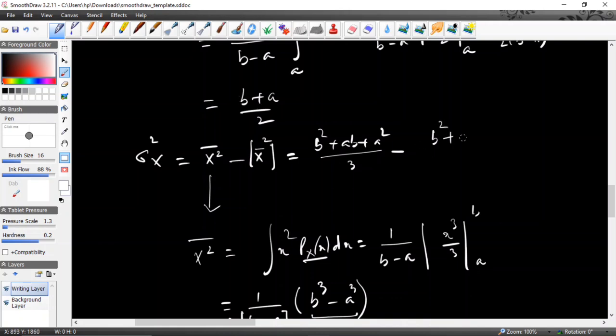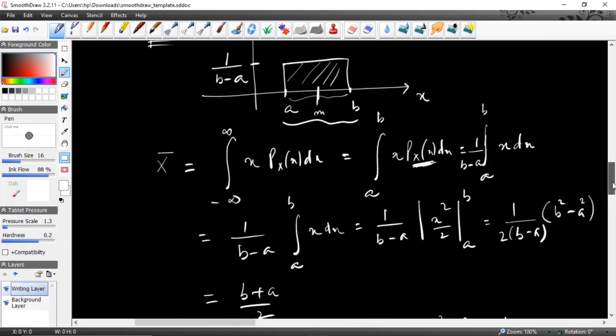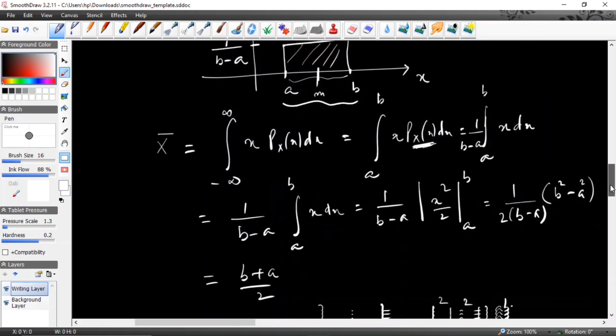So it becomes (b square plus a square plus 2ab) divided by 4. So you can just multiply this with 4, this with 3, and then subtract. You will get it as (b minus a) square divided by 12. Okay, so this is the mean and the variance of the uniform PDF.